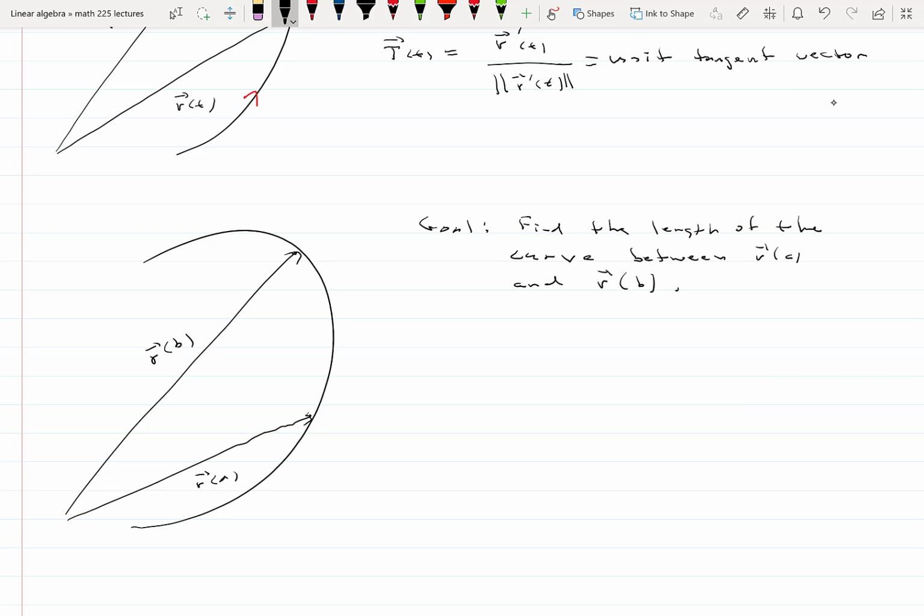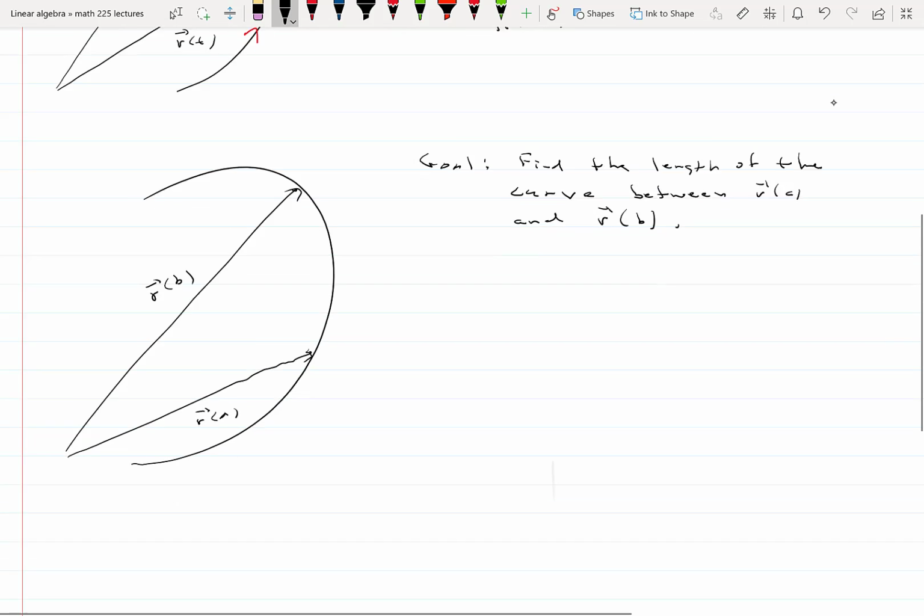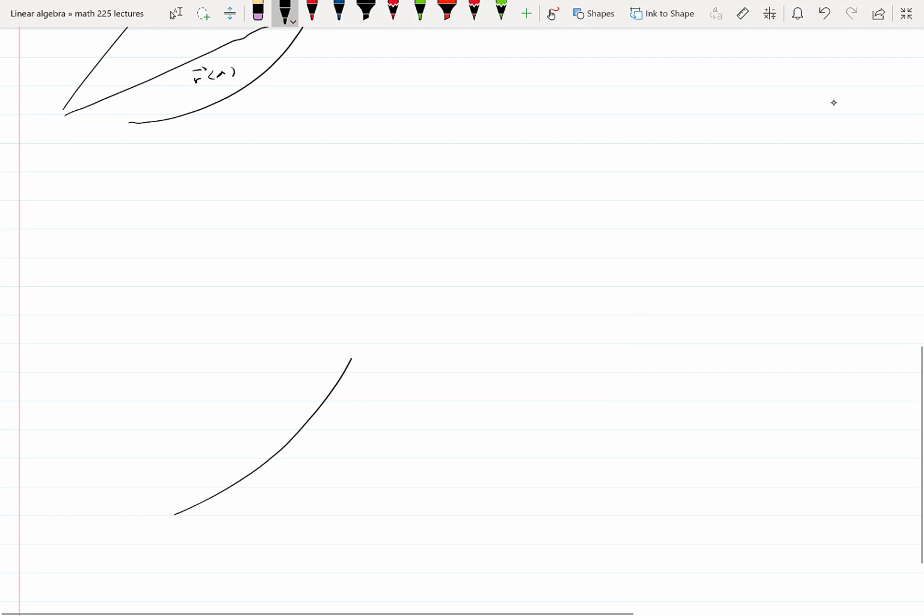So here's the idea. The idea is to break up the arc from time equals a to time equals b into an infinite number of small arc lengths, little sub-arcs, and find the length of that little tiny piece, and then add them up. If you miss what I just said, it's no big deal. I'm going to draw what's going on here.